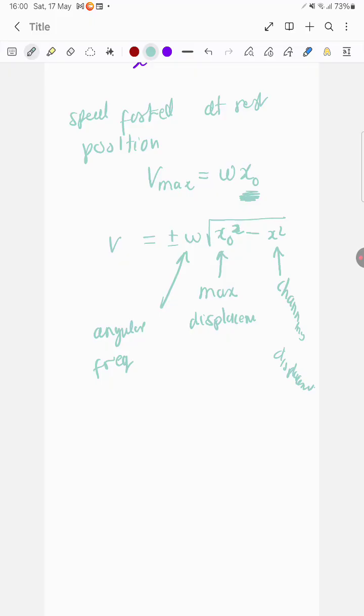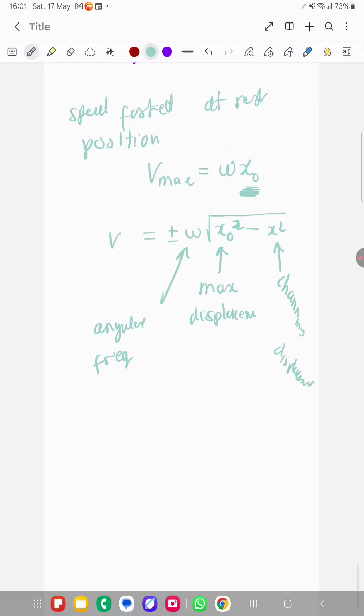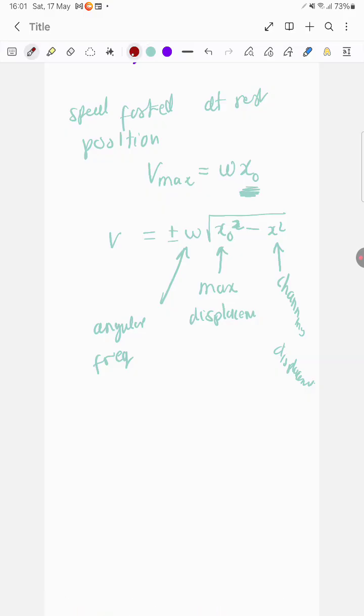So while we are discussing velocity, I want us to discuss two graphs.